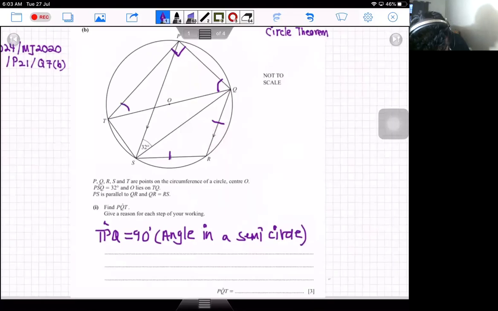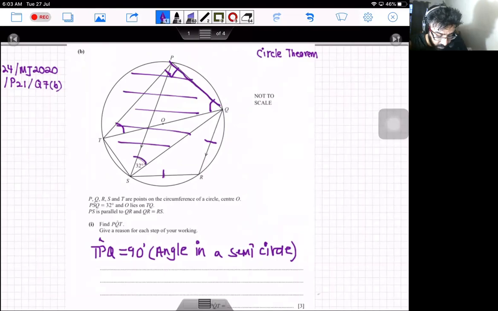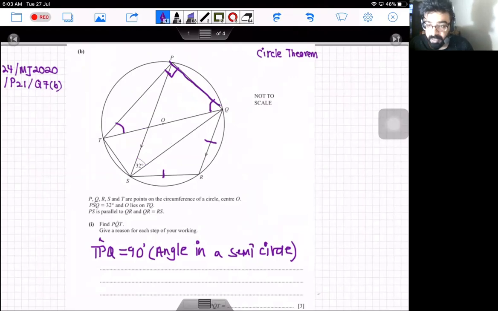And then you would need this angle as well. Angles in the same segment, produced at the circumference of the circle, are equal.